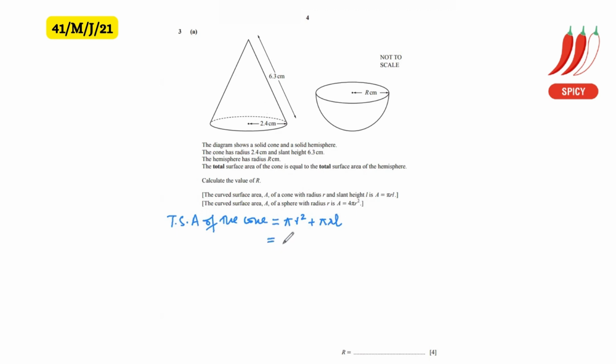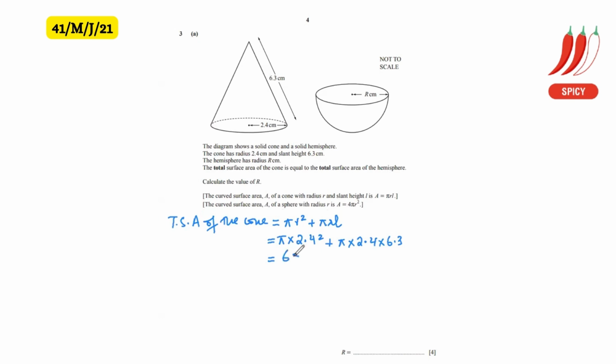So the radius is 2.4, so pi times 2.4 squared plus pi times 2.4 times 6.3 gives 65.59 centimeters squared.